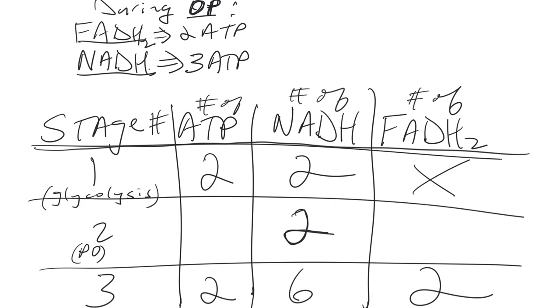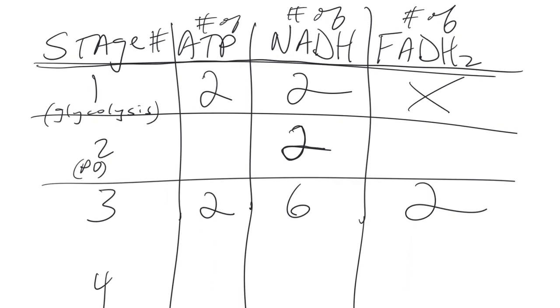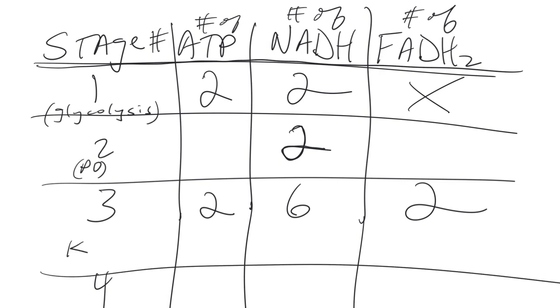That's it. In the third stage, the Krebs cycle stage, we have 2 ATPs for 2 turns of the cycle. 2 turns of the cycle, we got 2 ATPs formed, 6 NADHs, and 2 FADHs.